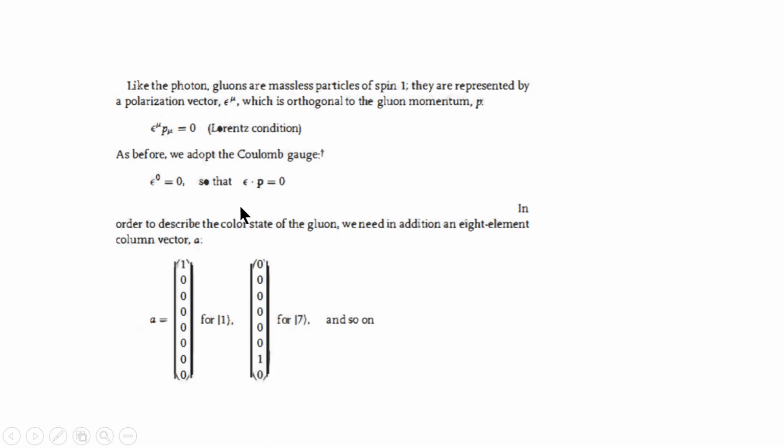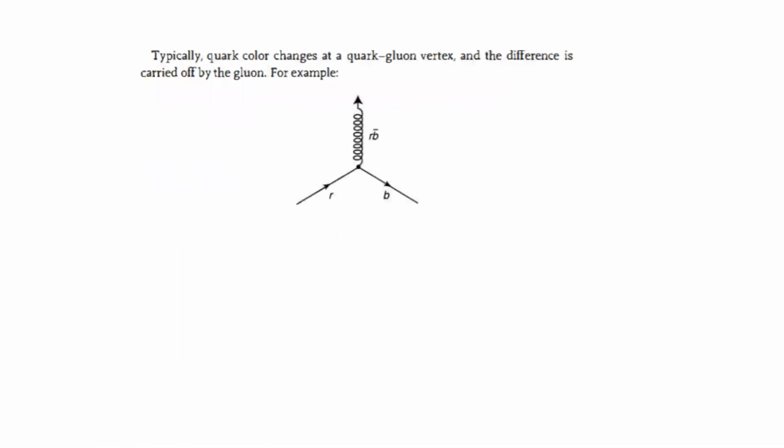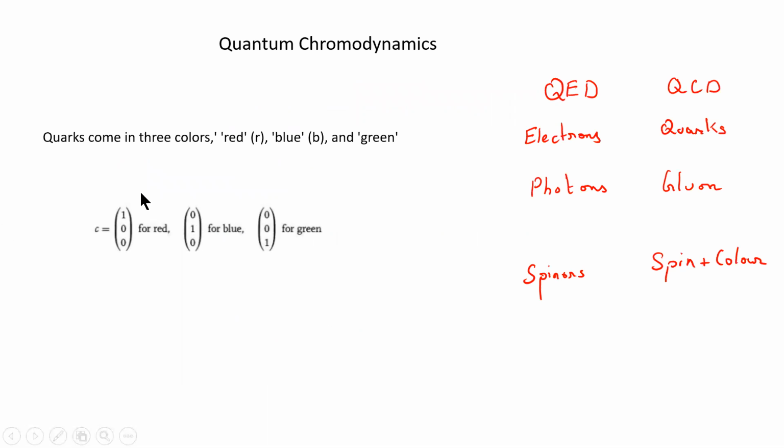In quantum chromodynamics, we are taking the theory from quantum electrodynamics. So just to describe the state of the quarks, we had developed the Dirac theory, which described the particle with the spin. In addition to that, we had introduced the color quantum number and the vectors to describe it mathematically.